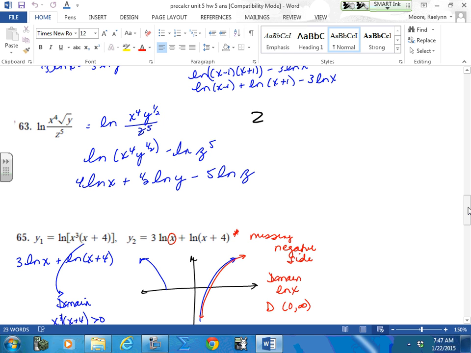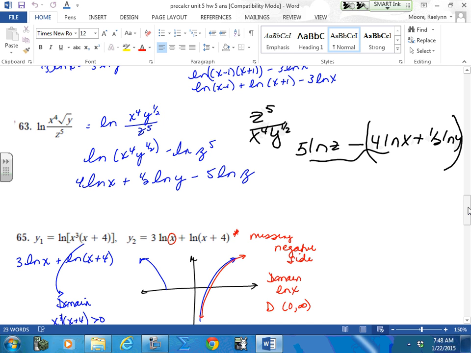If it was this, and you had to separate it first, and you did 5 ln z minus 4 ln x plus 1/2 ln y, order of operations would do this first. And in that case, in your denominator, you would have to put parentheses around that. It's the same as a fraction. You have to put your denominator in parentheses.